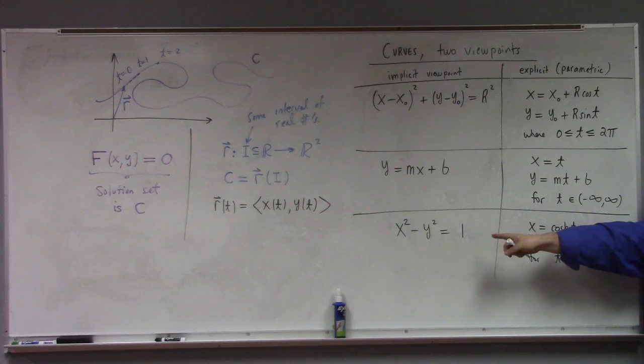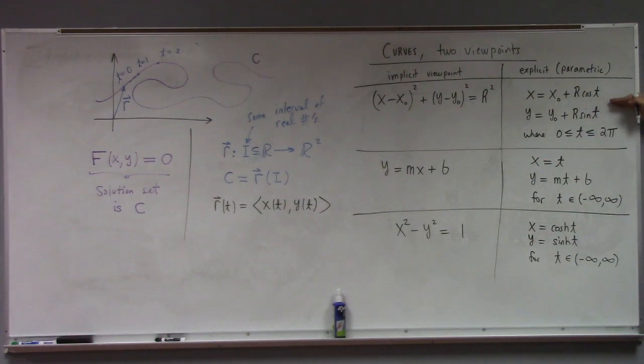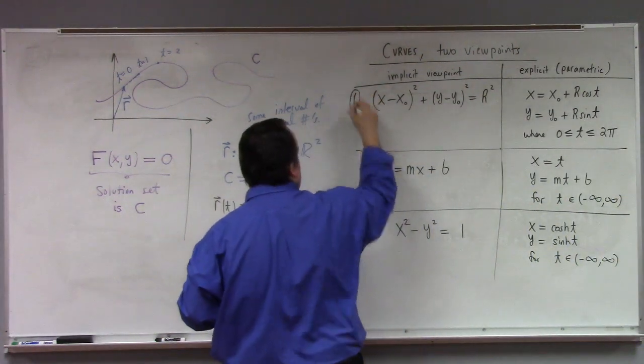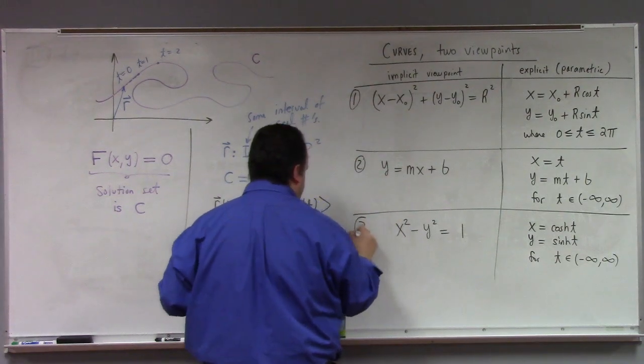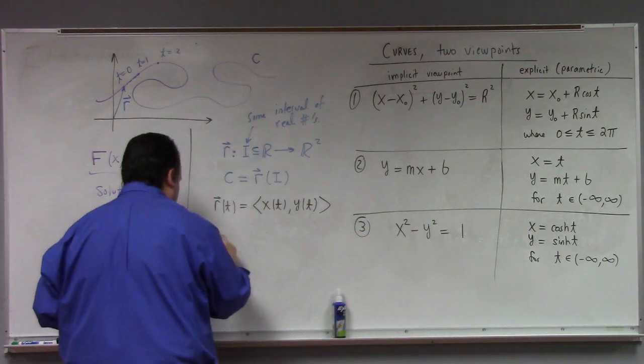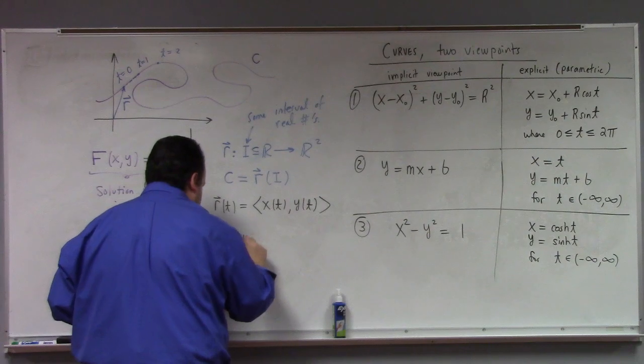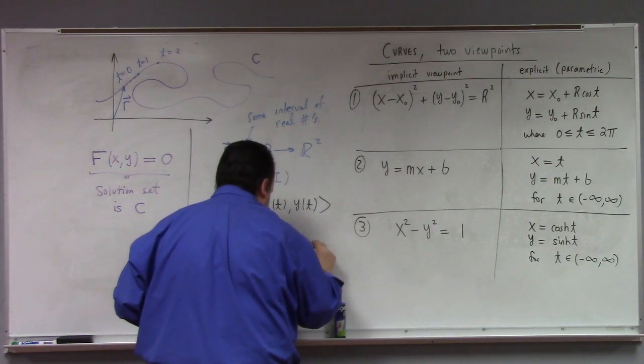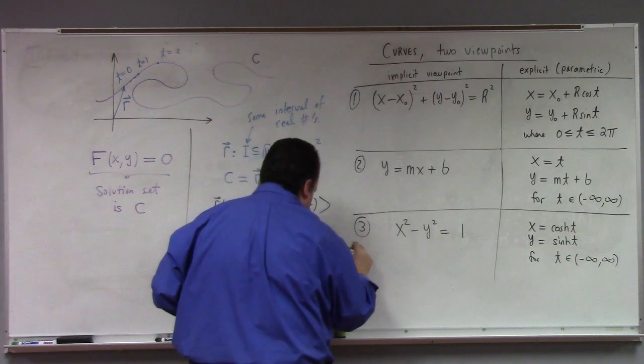But I think of these parametric equations, as Stewart calls them, as a package deal. So like calling this 1, calling this 2, calling this 3. For 1, I have r1 of t equal to x naught plus r cosine t, y naught plus r sine t, okay?